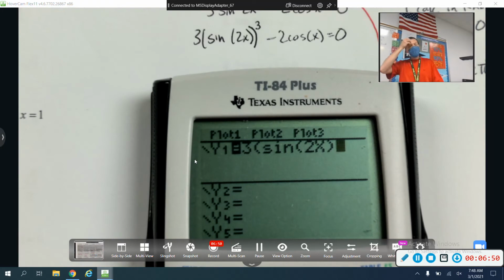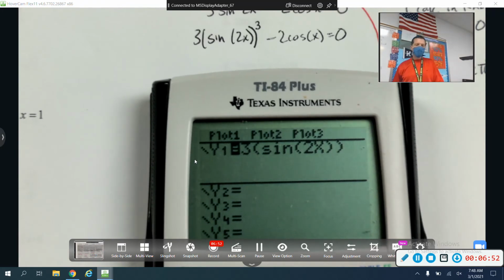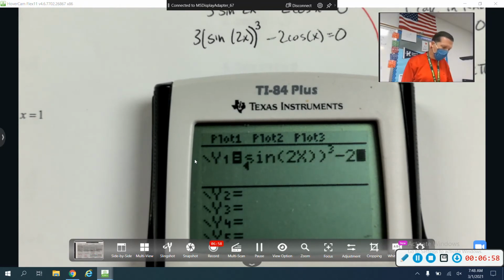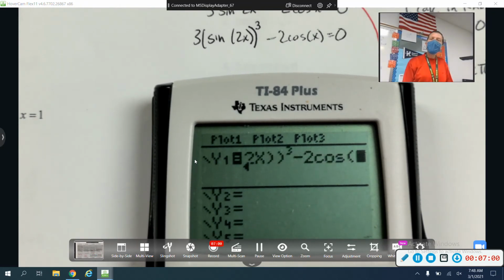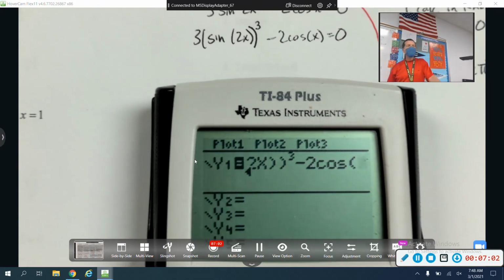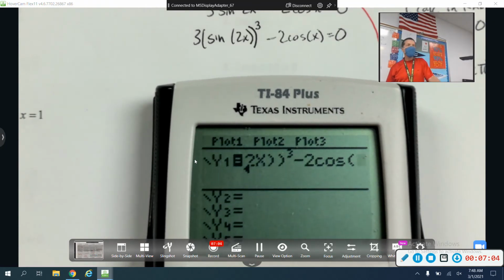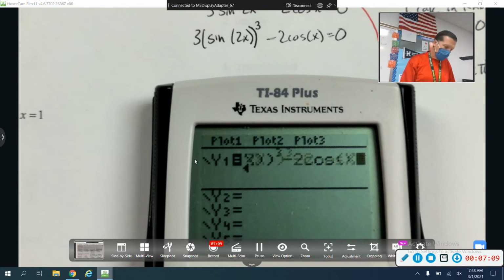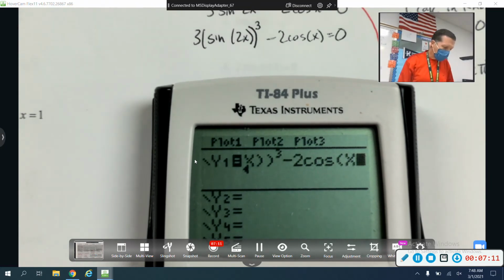Close the parentheses on the 2x, close it on the sine, and then cube it. And minus 2 cosine. You've seen this already, but when you hit sine or cosine or tangent, it automatically opens the parentheses. So you got to make sure you close it on the other end. 2 cosine of x, close parentheses.